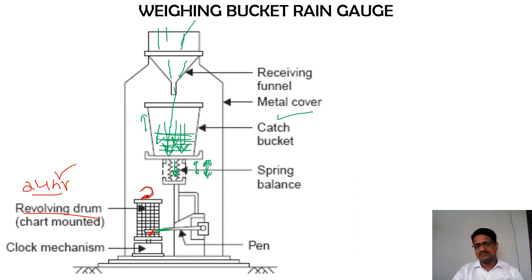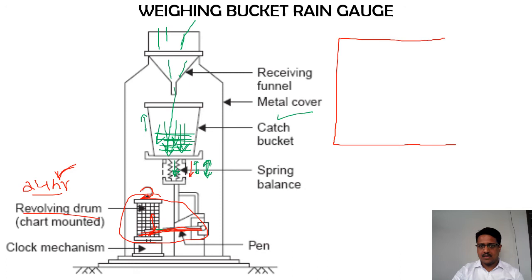Given this setup, based on the movement of this spring, the pen will start to move around on this rotating drum. If I enlarge this portion, let us see what I get.